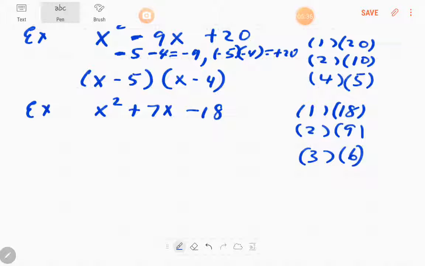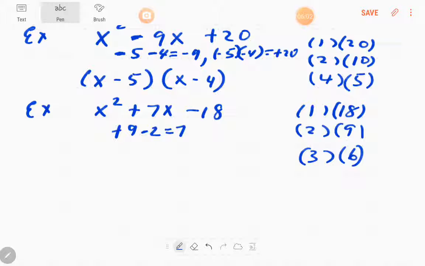Okay, so we're going to use the 9, but we're going to use the same sign that's in front of the b term, which is in front of the x. So that's the sign in front of the 7. That's a plus. And then a minus 2. So if I have plus 9 minus 2, that equals 7.